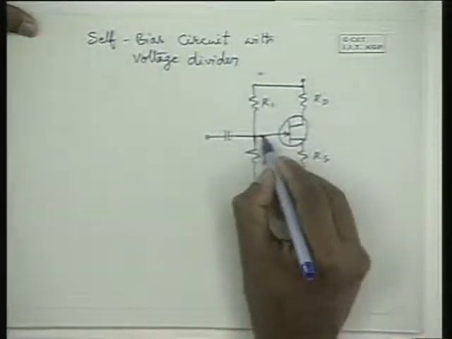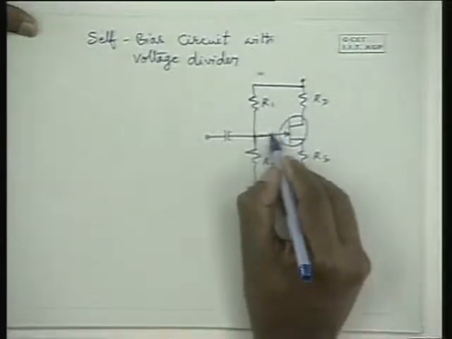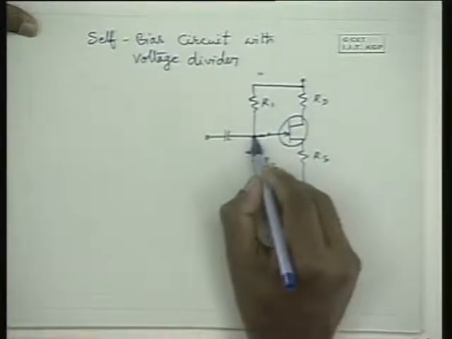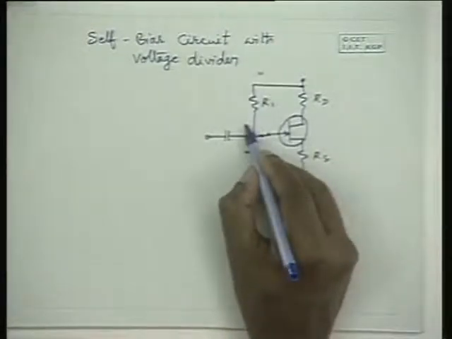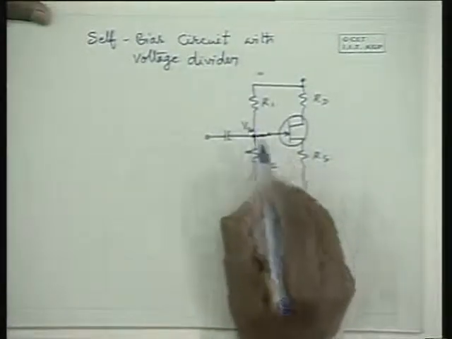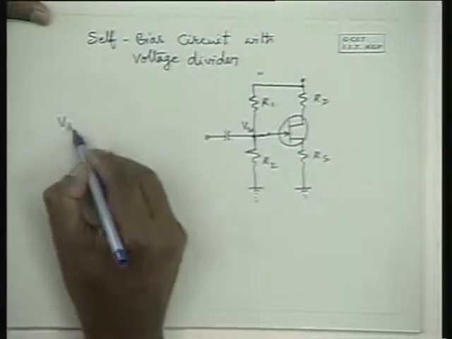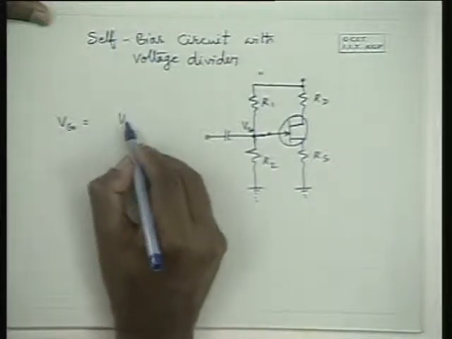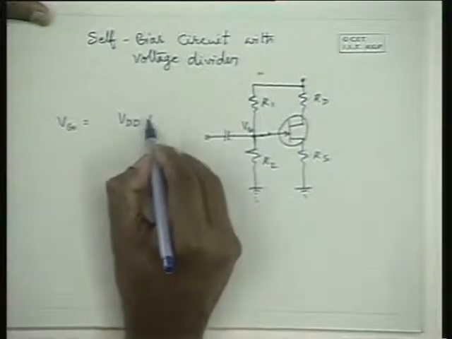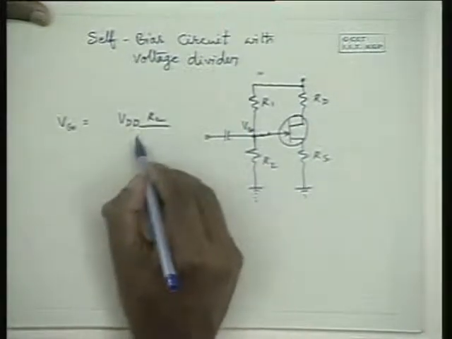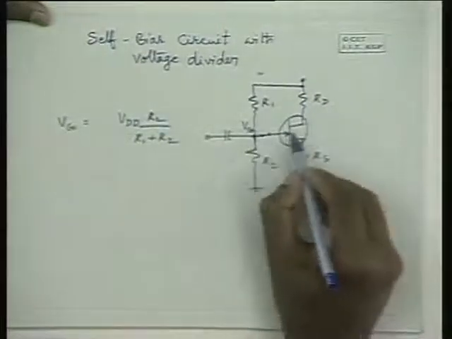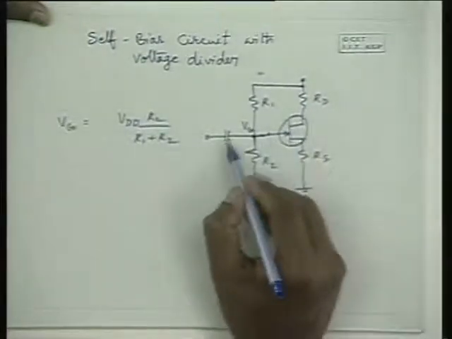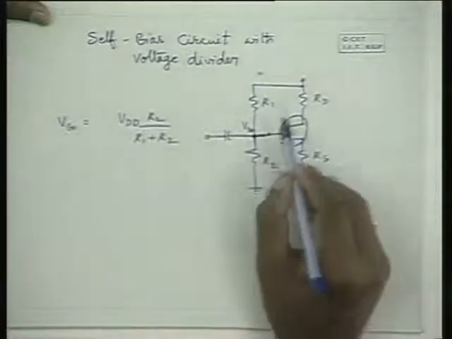For all practical purposes, this current is 0. As I have explained, the gate current is 0. Therefore, the potential at this point, if I call it Vg, is VDD into R2 by R1 plus R2, because no current flows through this, and this is an open circuit as far as DC is concerned.